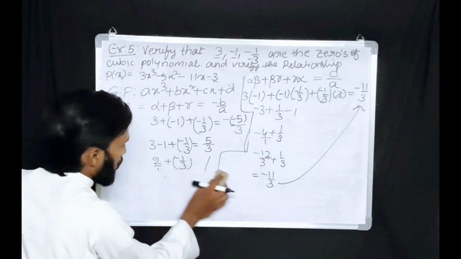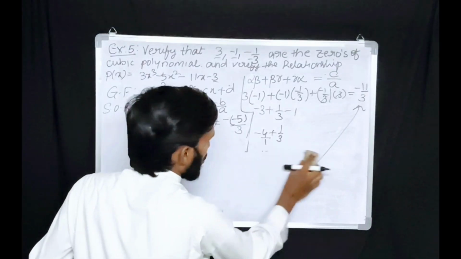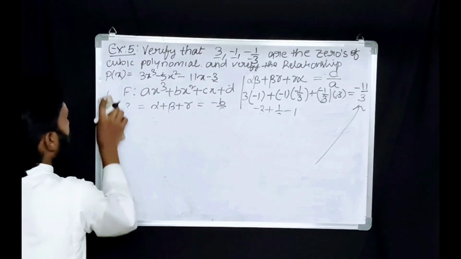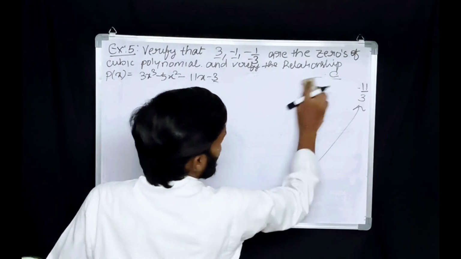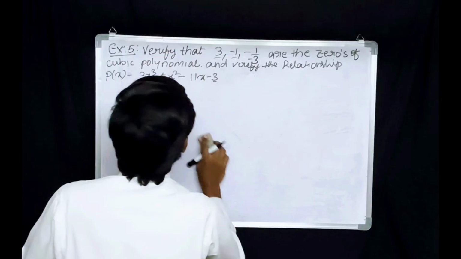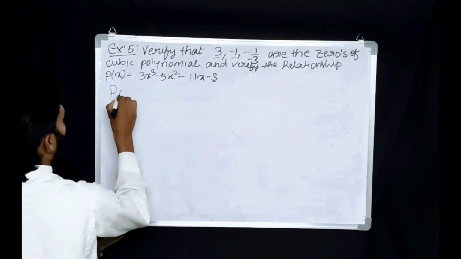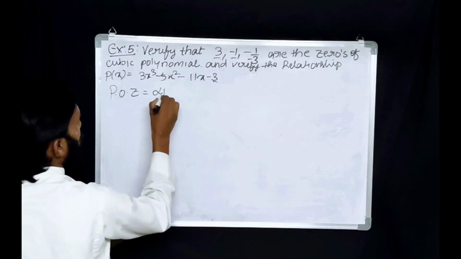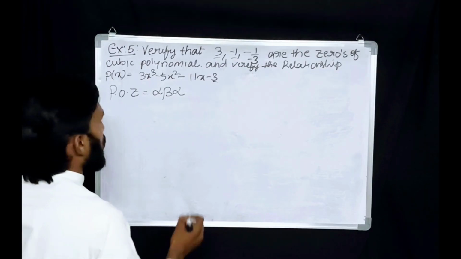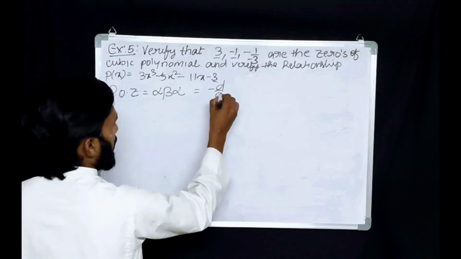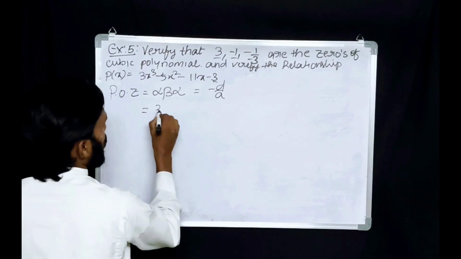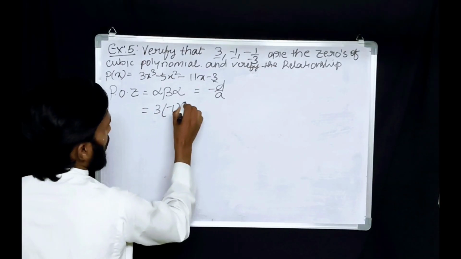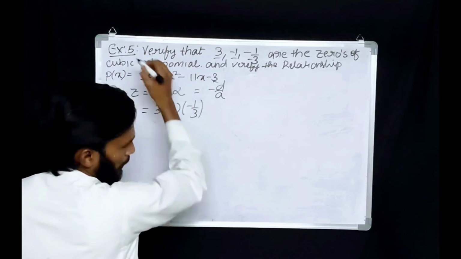So the next one is about the product of zeros. What is the product of zeros? Alpha into beta into gamma. So write: product of zeros is equal to alpha into beta into gamma, is equal to minus d by a. So what is alpha here? Alpha, the first zero, is 3, then minus 1, then minus 1 by 3.